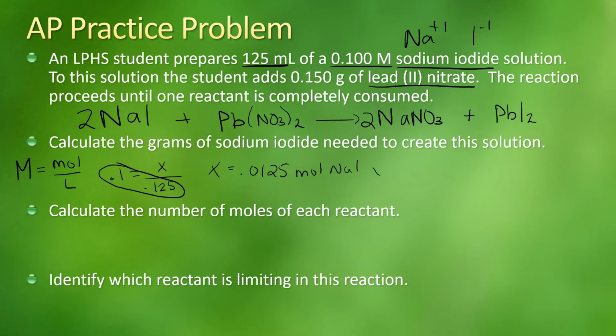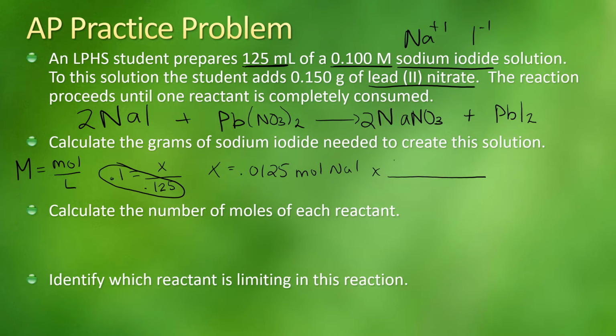I want to convert this to grams. So I'm going to use the molar mass of sodium iodide. Looking it up on the periodic table, the molar mass of sodium is 22.99. I'm going to add to that the mass of iodine, which is 126.9.